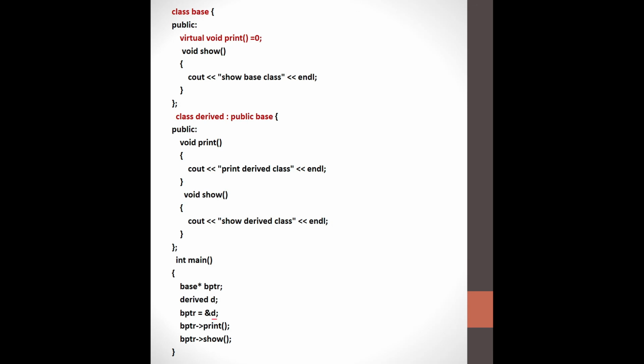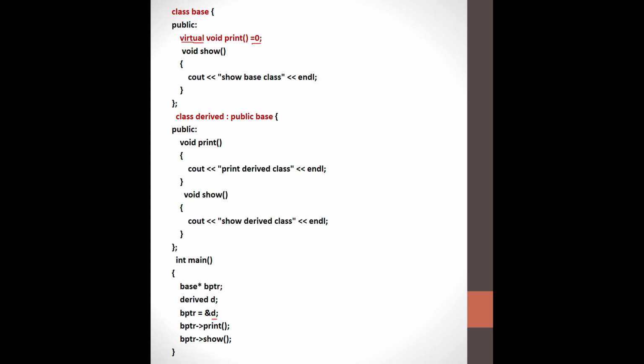Now BPTR print. Where does it go? Print and show are overriding member functions. So BPTR print, always it goes and sees where it is pointing to. So it goes to the base class print function. So it sees void print equal to 0. So it will understand that it is a pure virtual function, because this is the syntax of the pure virtual function: your keyword virtual and equal to 0, then you terminate it with a semicolon.